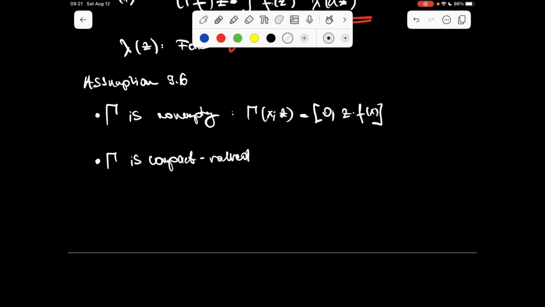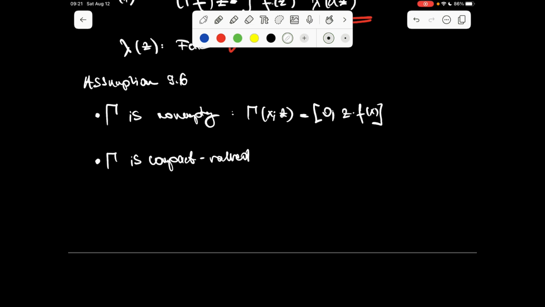Intuitively, we can say that for any z and x, correspondence gamma has no holes, and every convergent sequence has its limit point in the set.